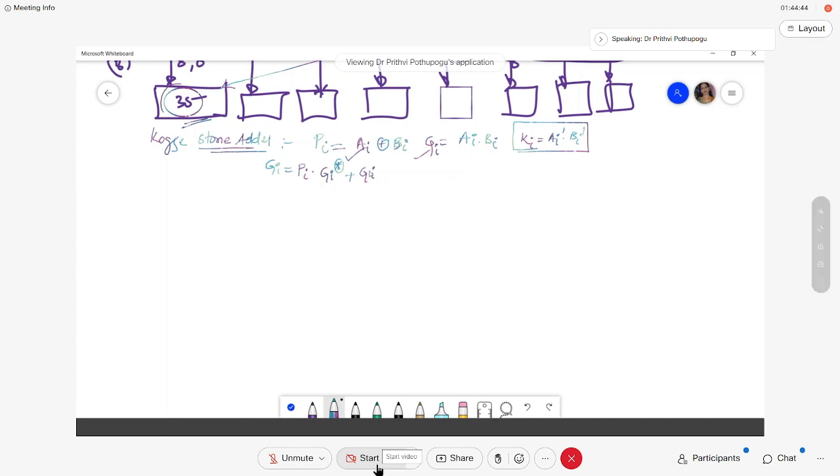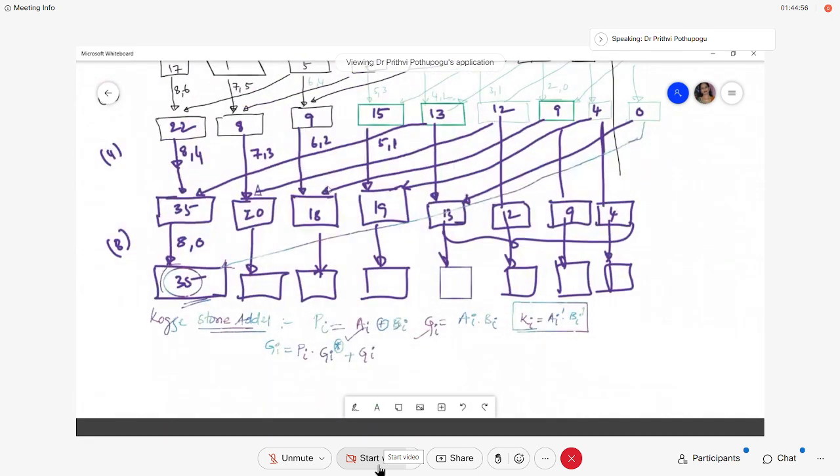Anything, it resembles your previous adders' equations. When you take this as a carry look ahead concept, what is getting generated is the previous stage generated value. I think I have given you the table. In the table, we have defined this.